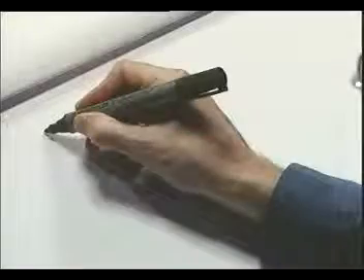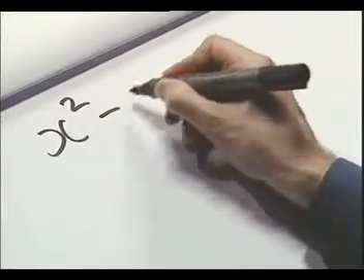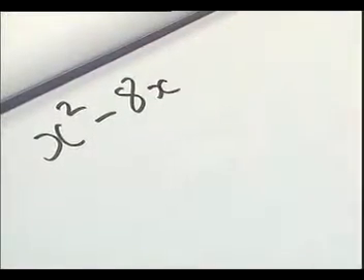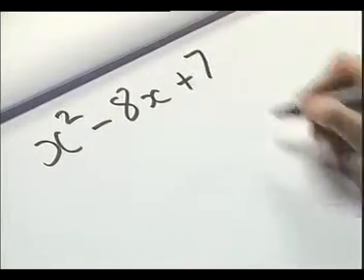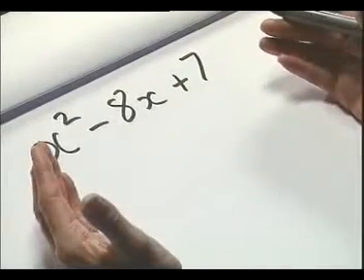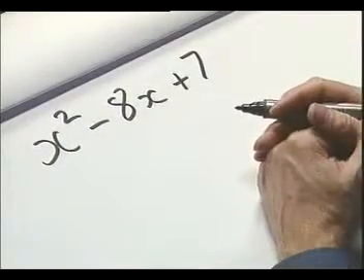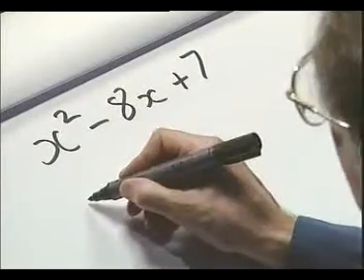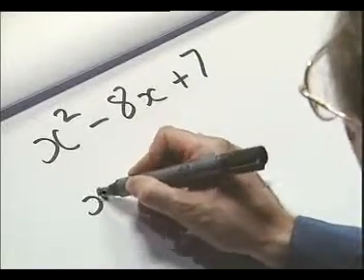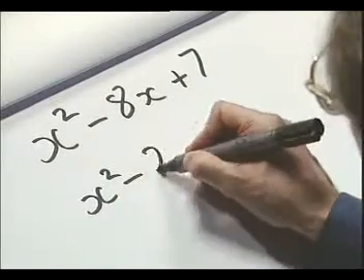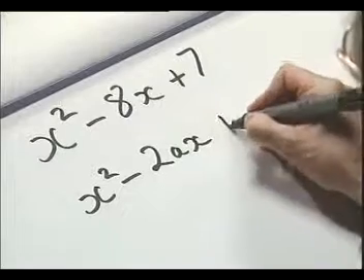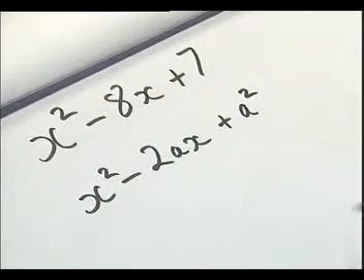Let's have a look then at another example. x squared minus 8x plus 7. And I want to write this so it's got a complete square in it. Well, one of the standard forms for the complete square that we had was x squared minus 2ax plus a squared.